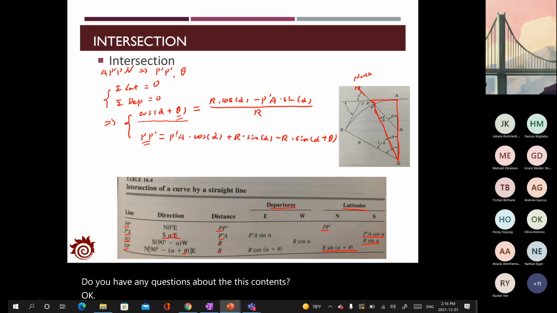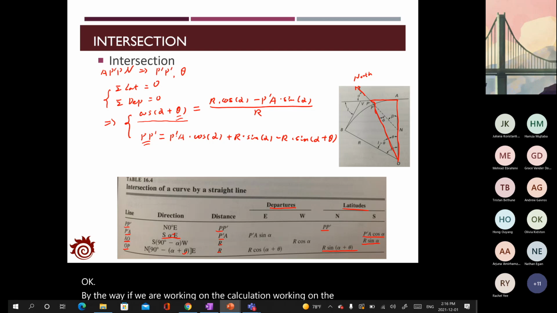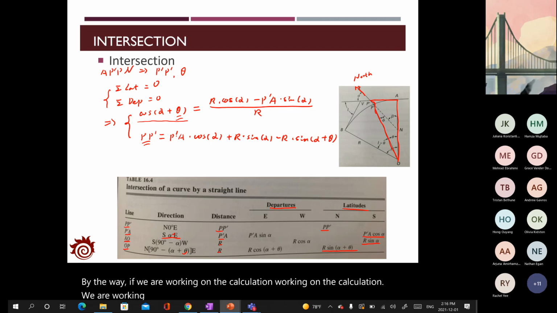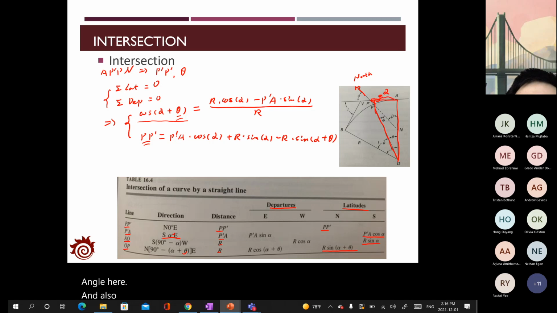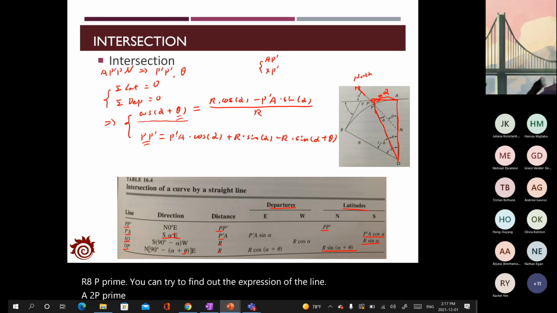By the way, if you are working on the calculation about alpha, which would be the angle here, and also the distance of PA to P prime, you can try to find out the expressions of the line A to P prime and X to P prime first.